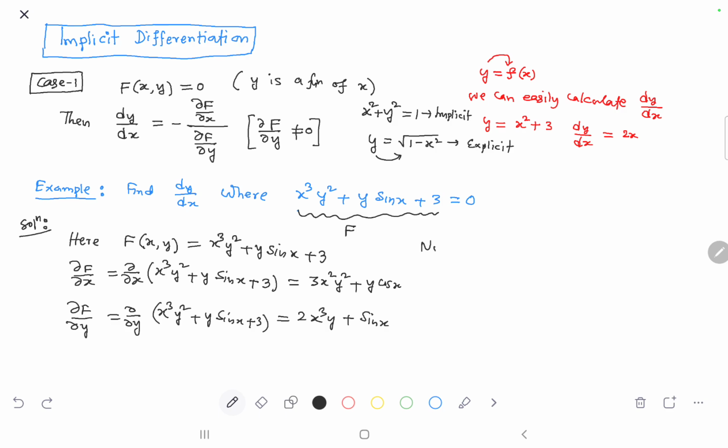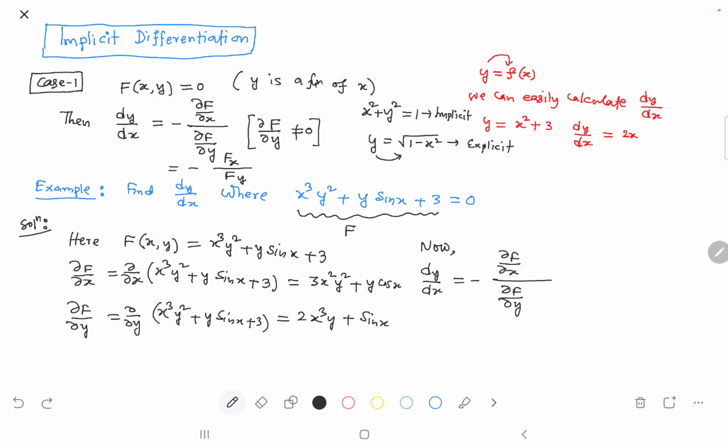So we have del f/del x and del f/del y. Now what is dy/dx? We know the formula is given by minus del f/del x in the numerator and del f/del y in the denominator. If you want, you can write it shortly this way, minus the partial derivative of f with respect to x, and below it the partial derivative with respect to y. It looks easier than this, right?